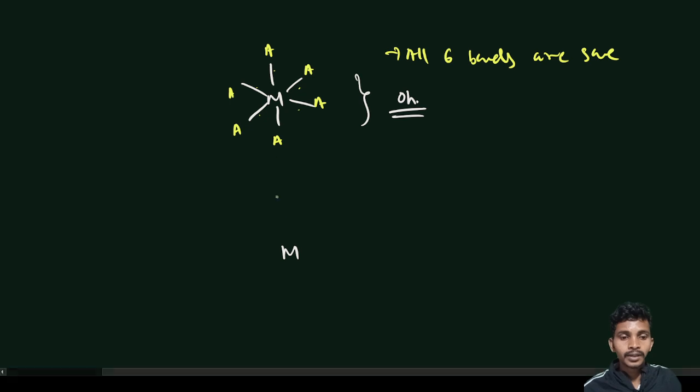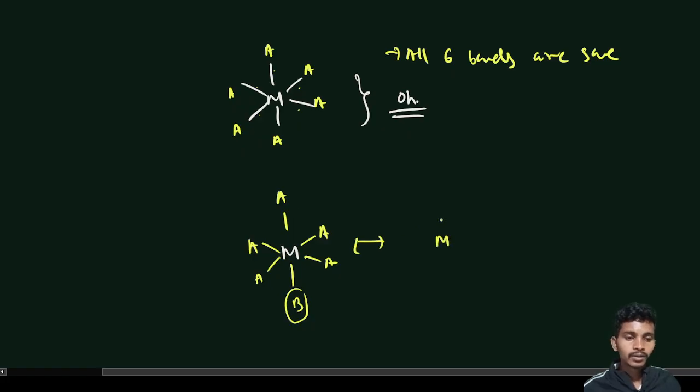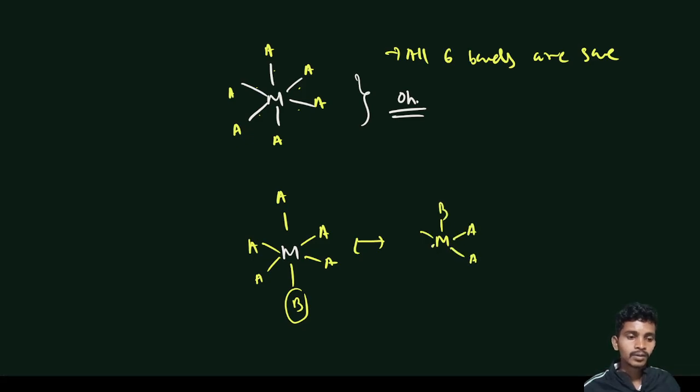Okay, now if I write here, let's say here A, and here B I replaced. Now this is A, this is A. So either here or this is the same, if I write B, same, because all the bond lengths are the same.